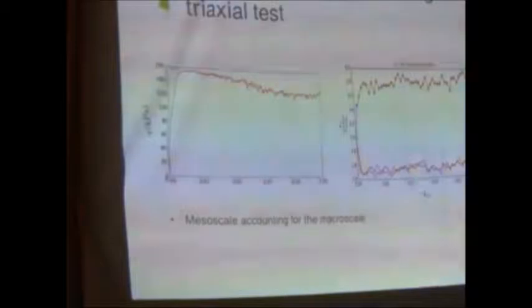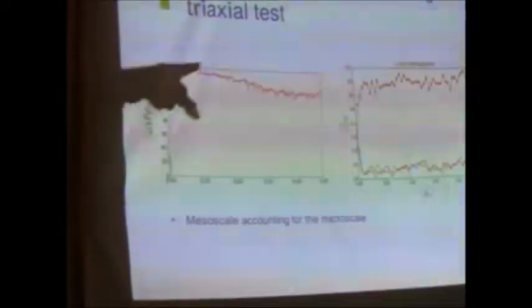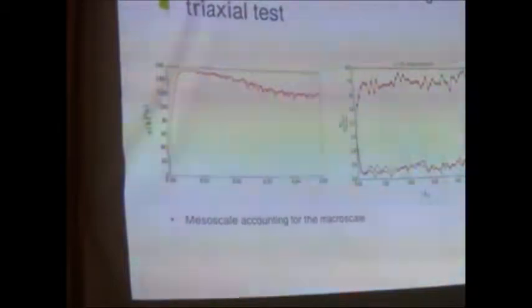This correlates very well with the deviatoric stress response of the material. So force chains are a good tool to explain, from a micromechanical point of view, the macroscopic response of the soil.